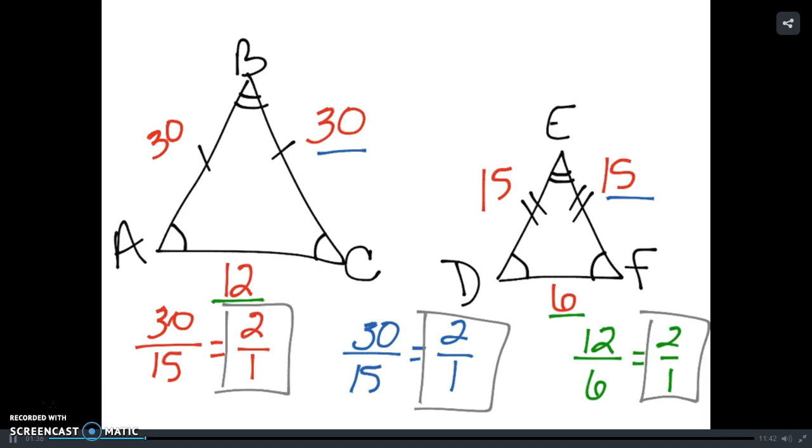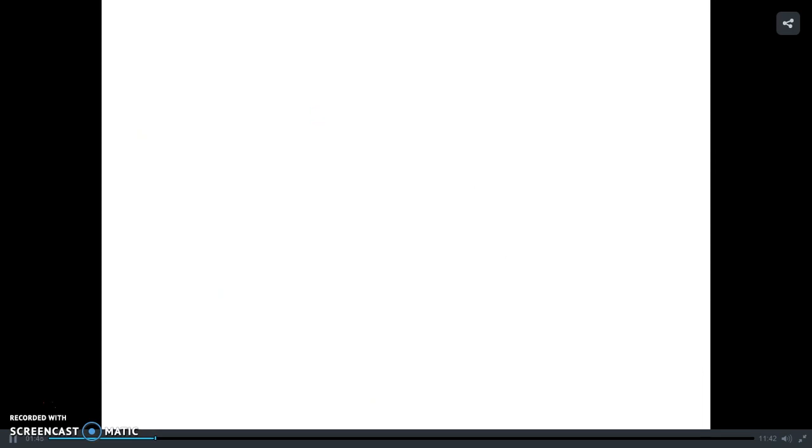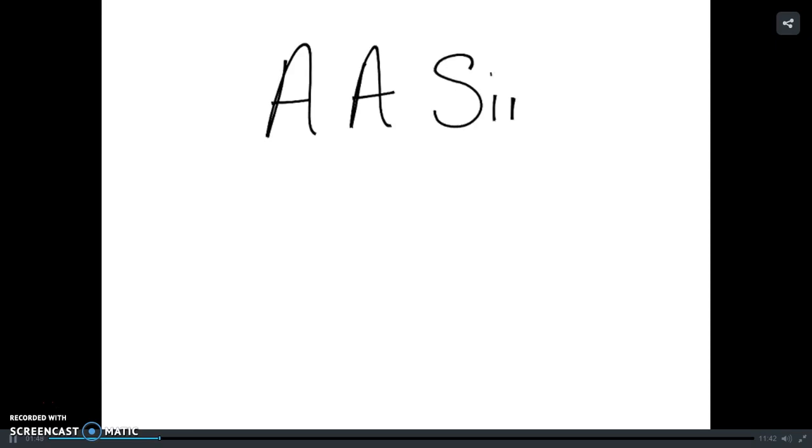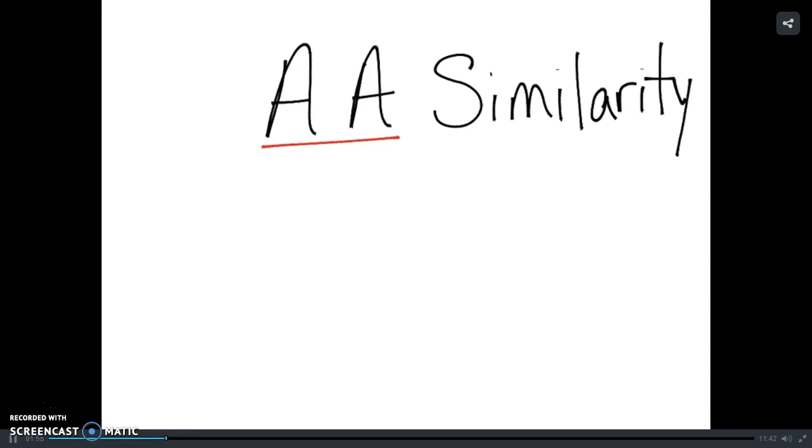Okay, but sometimes we don't have enough information to test out all three sides, so we want to know, are there any shortcuts? Everybody likes shortcuts. Our first shortcut today is AA similarity. Hopefully some of these abbreviations, the AA in particular, will seem familiar from when we talked about congruent triangles.